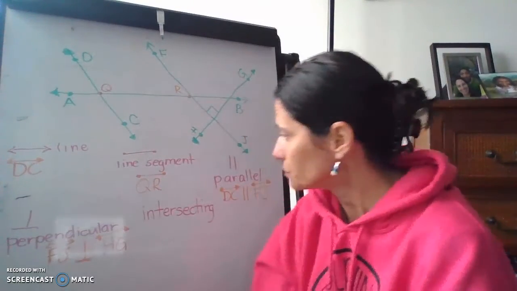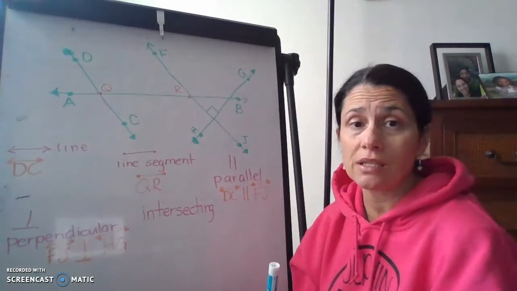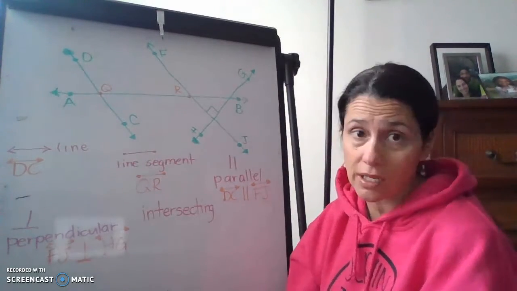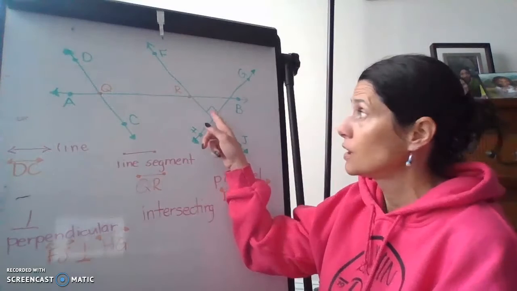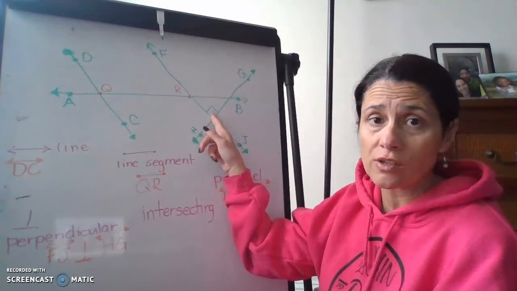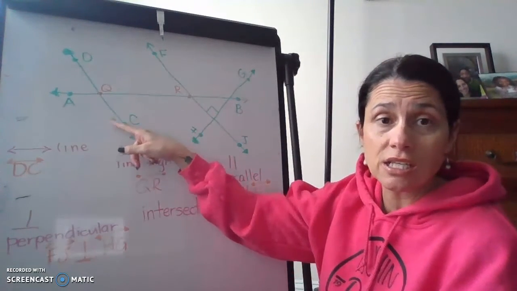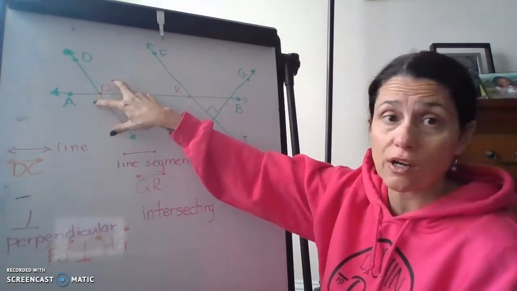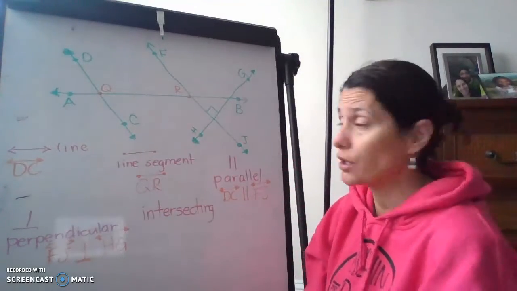Let's try blue. Now intersecting, that means when they cross, they don't make a right angle. So these two are not the intersecting ones. These two lines are intersecting because we've got our two obtuse and our two acute.